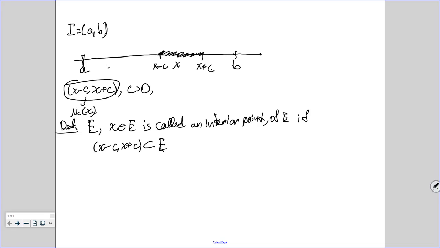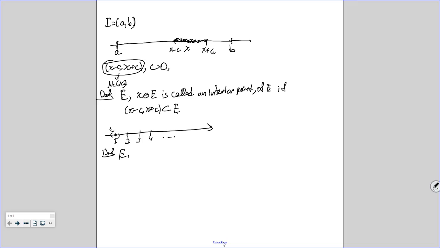To see what kind of points are not interior, let's consider the natural numbers. So this is our real line, and we have 1, 2, 3, 4, and so on. You can see that for each point in the natural numbers, if we take a small epsilon interval, it is not contained in the natural numbers. Those kinds of points are called isolated points. So let's give one more definition.